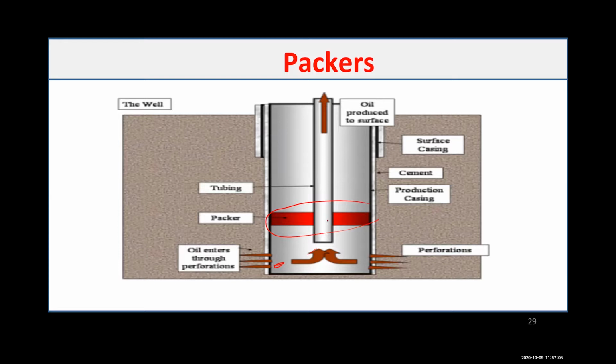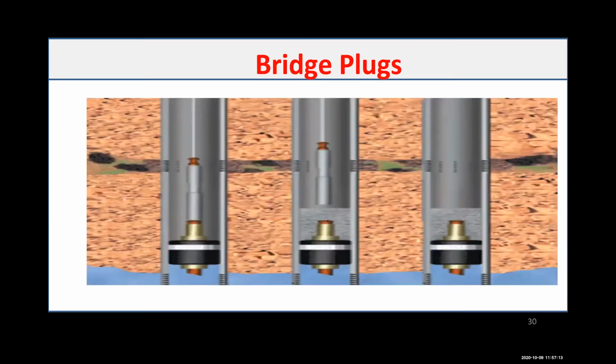Using multiple packers, you can distribute the acid through the whole zone. Similar to the packer is the bridge plug. The same: stimulate a certain zone and then add a plug and move on. Stimulate the next zone and then add another plug. And at the end of the treatment, you drill out all these plugs.